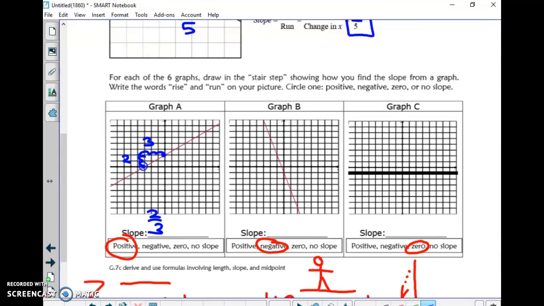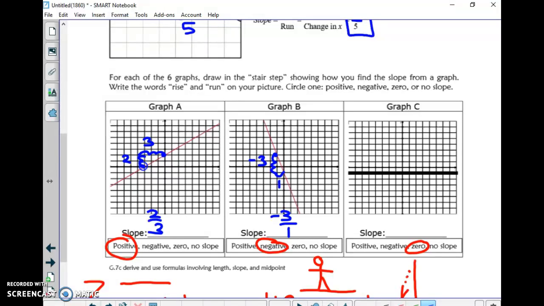Graph B, make sure you have picked two points and you're going left to right. Which way does this rise? Down. How much? Negative 3 over to the right 1. So our rise over run is negative 3 over 1.